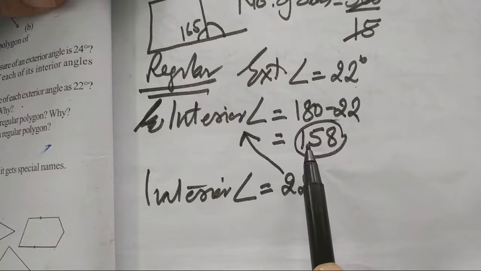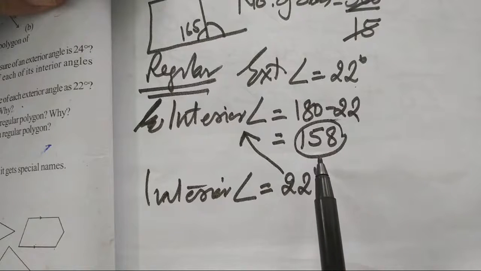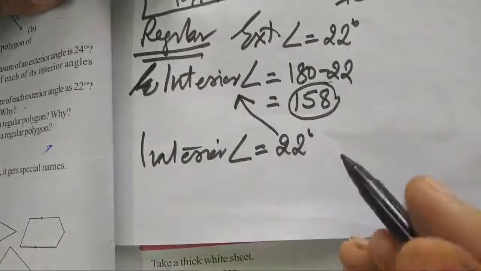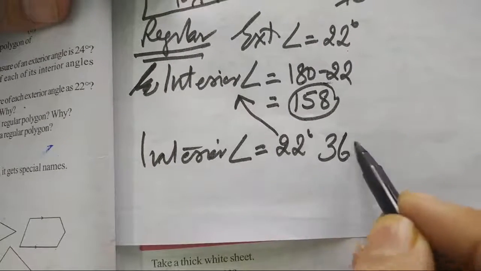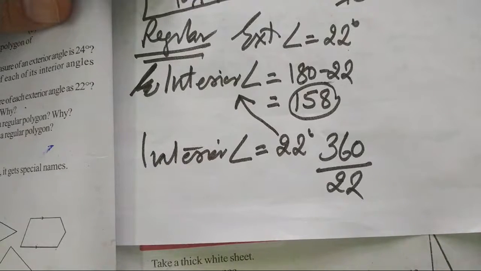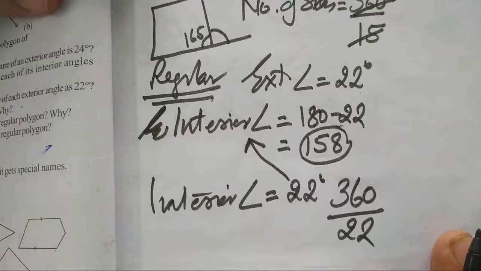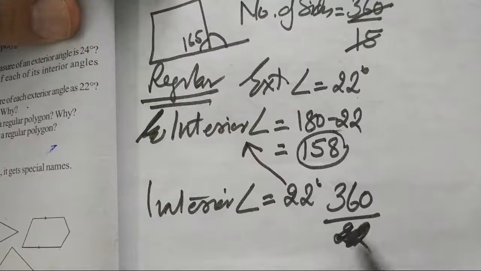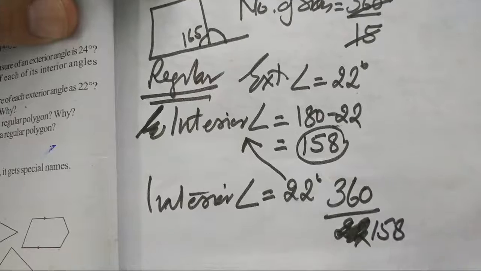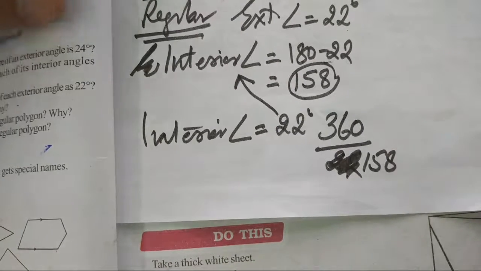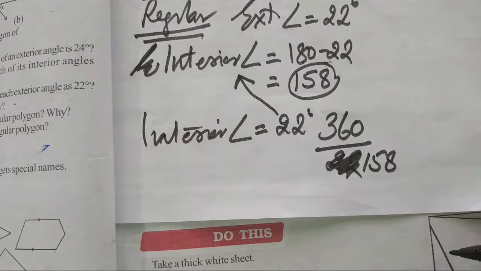If a figure has an angle of 158 degrees, will the figure be possible? So we will do 360 divided by 158, because the exterior is 158. Can you divide this? Again, it will not divide.